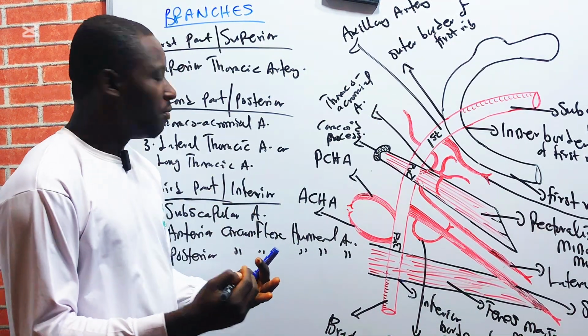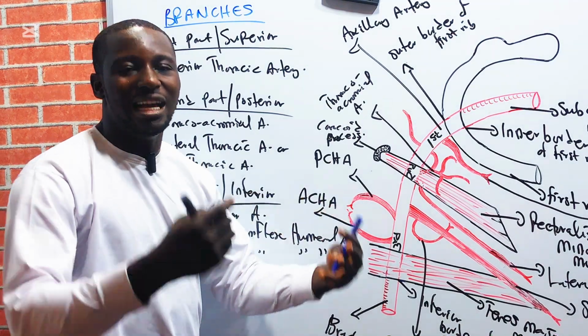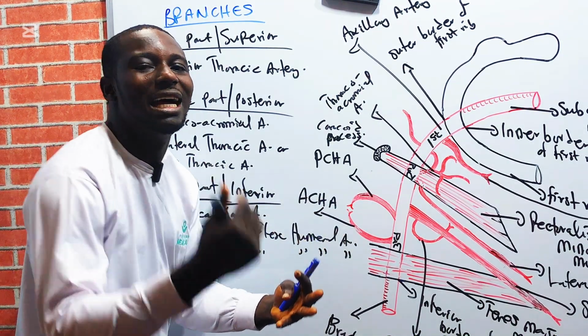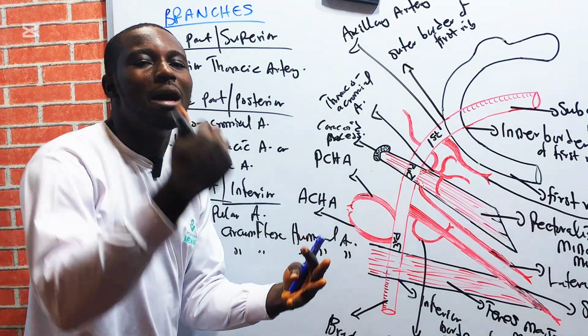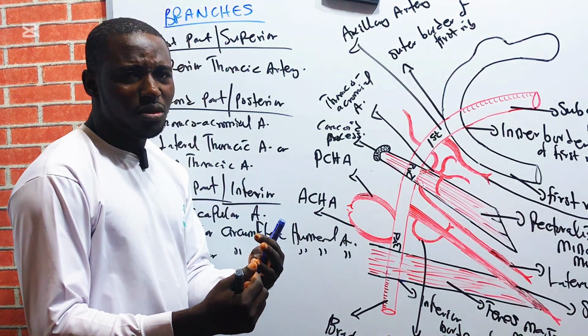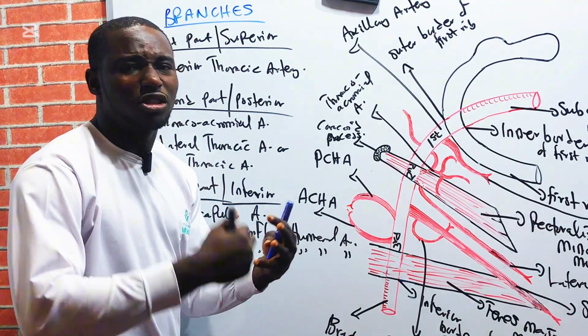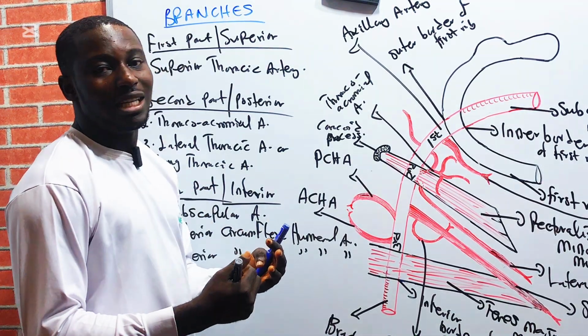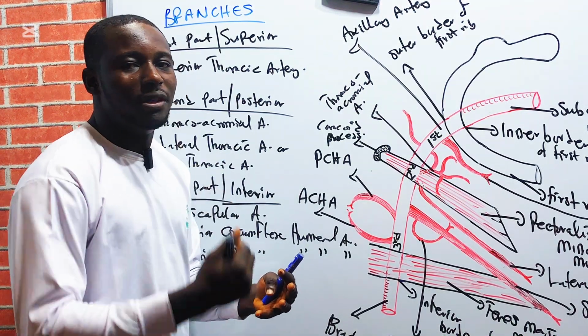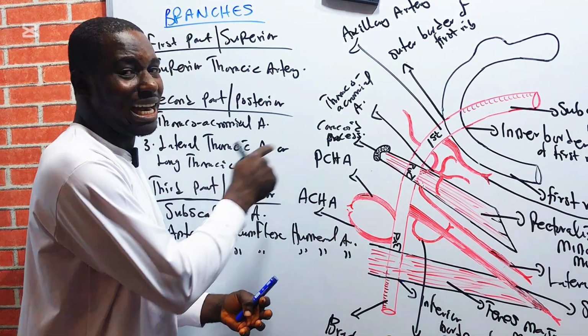In females, the lateral thoracic artery is large because it supplies the mammary gland, the breast, through its lateral mammary branch. That is the lateral thoracic artery.